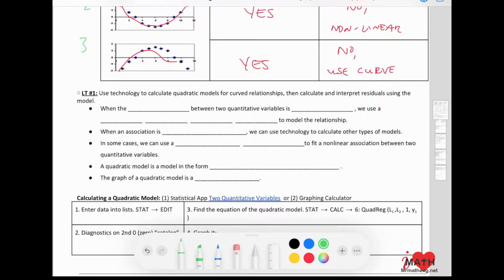So learning target number 1, we're going to use technology to calculate the quadratic models.